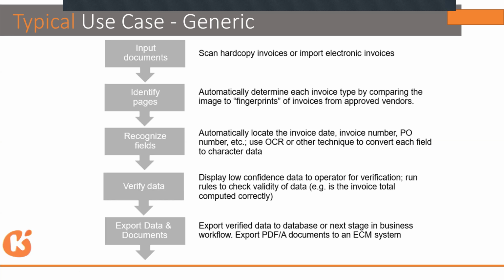So basically, in the basic workflow in Datacap, initially you start with an input document, like you can scan documents or invoices, or import documents from other devices, and it will identify the document pages, and we will recognize the data using the OCR or ICR engine, and we can validate and verify the data, and we will export it into FileNet or ECM systems.